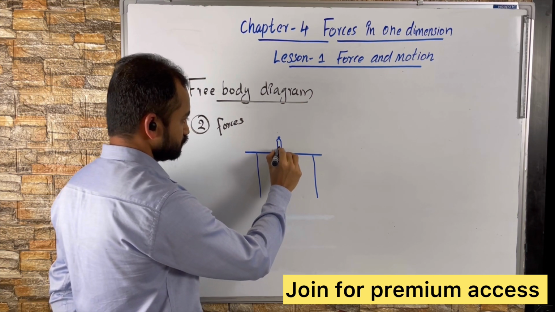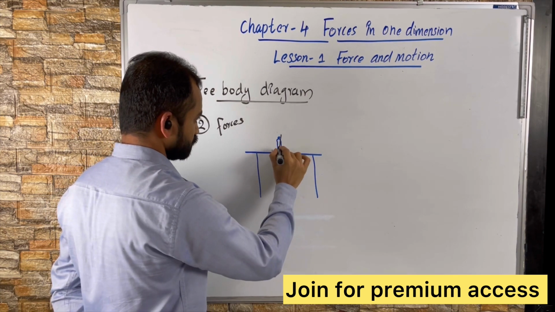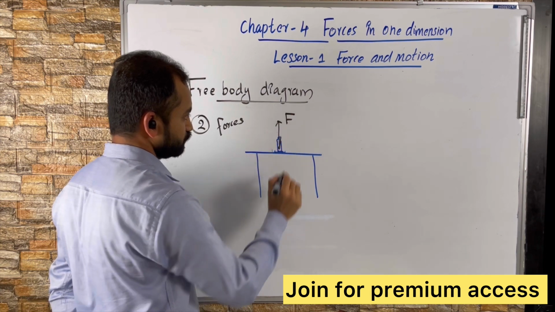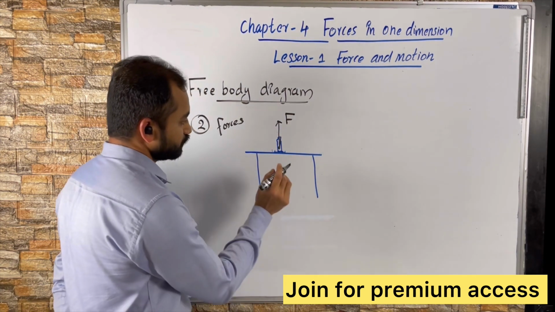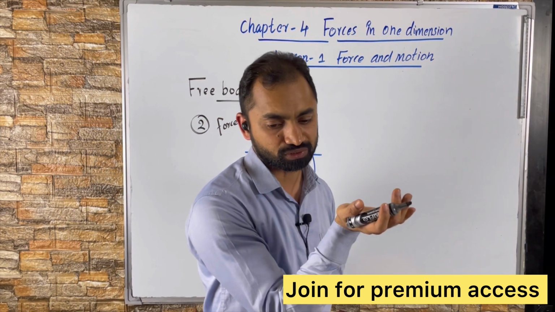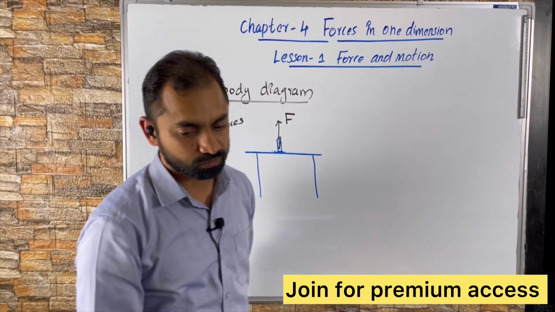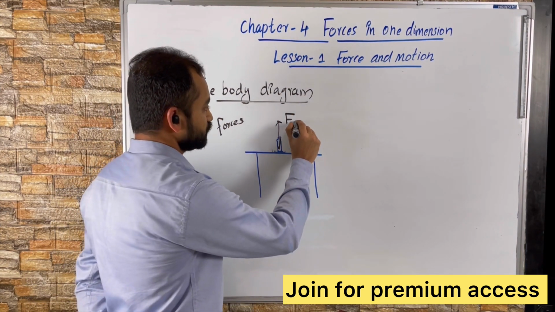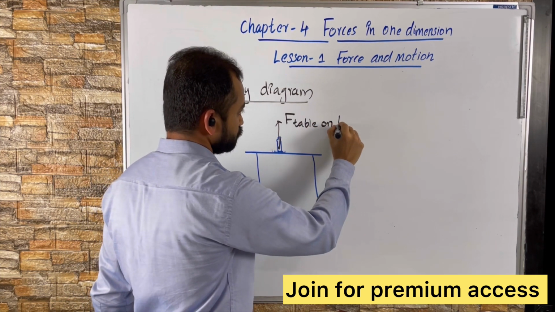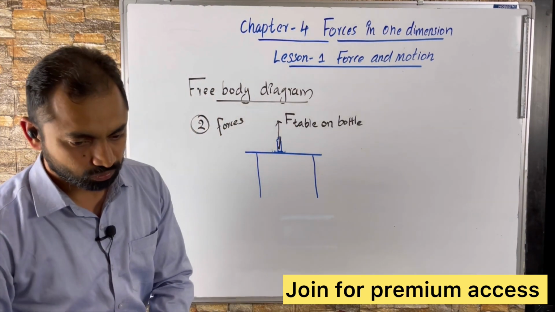First one is the upward force, correct? So we will draw this. We will represent F. What is the agent? Which object applies this force on the bottle? The table, right? So we will write F table on bottle, correct?